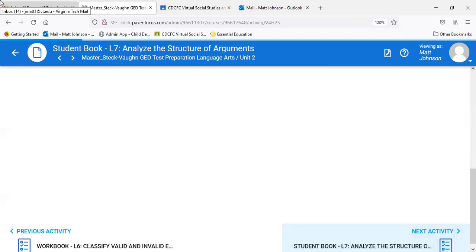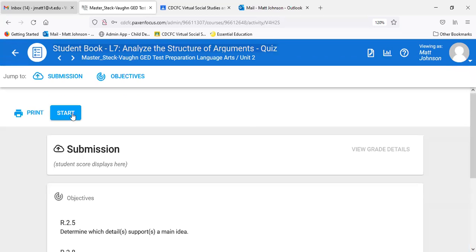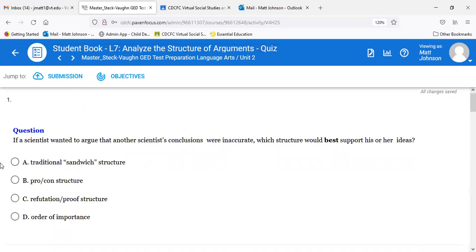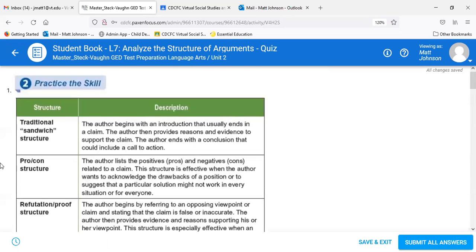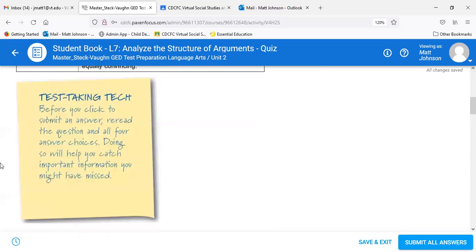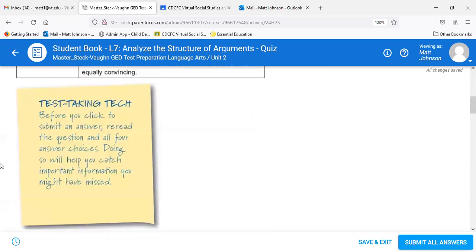Let's go into the quiz. All right, we have our table again, and then test taking text. So before you click to submit an answer, reread the question and all 4 answer choices. Doing so will help you catch important information you might have missed. So I always mention this.